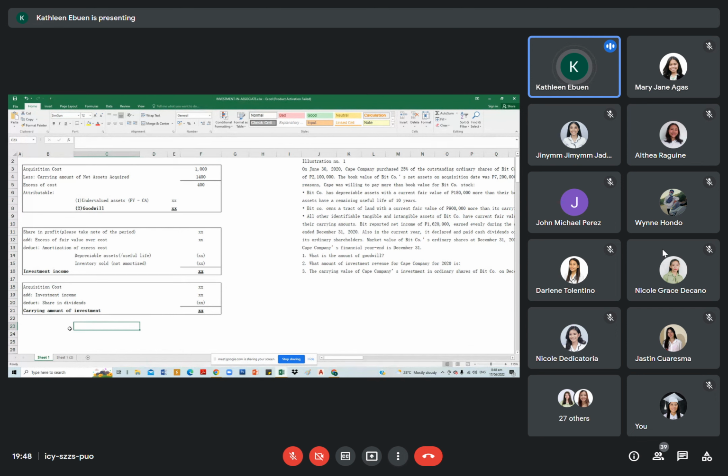Kasi sa financial assets at fair value, si cash dividends, tsaka si property dividends, tinitreat natin as investment income kapag financial assets at fair value. Pero kapag investment in associate, yung share po natin sa dividends ay binabawas po natin sa carrying amount ng investment.